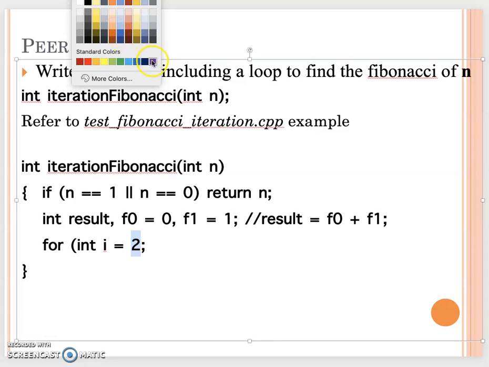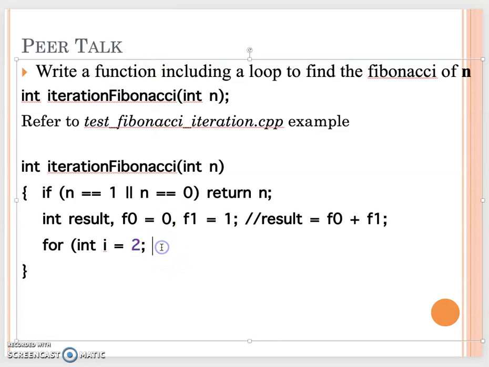That's my for loop initialization. What is my termination? i less than or equal to the value I pass, that's n. That's our condition, and after it, i is incremented by 1.